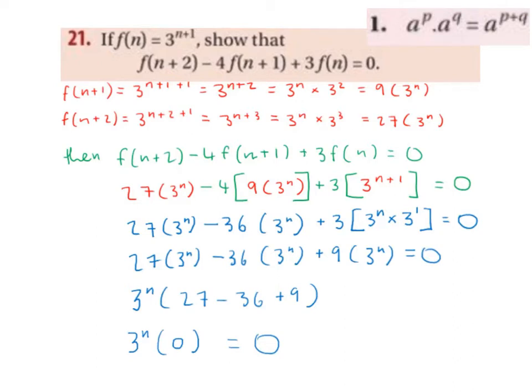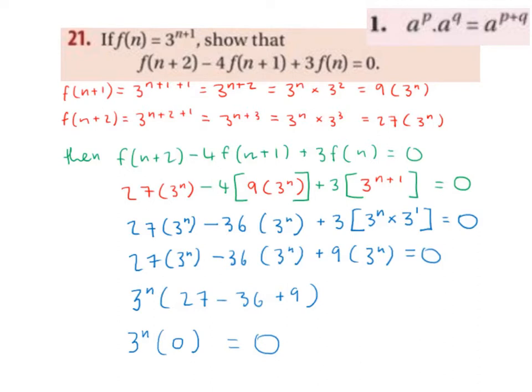I broke down 3^(n+2) to 3^n times 3^2, because when we multiply powers with the same base, we add the powers. So I actually used this rule, but I worked backwards. So f(n+1) gives me 9 times 3^n.